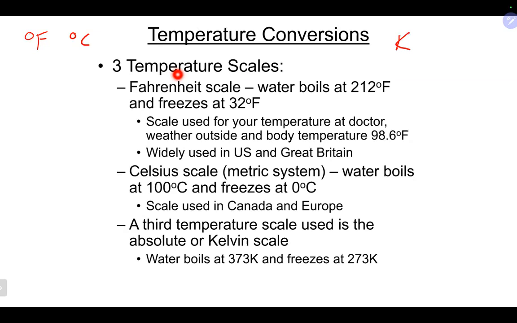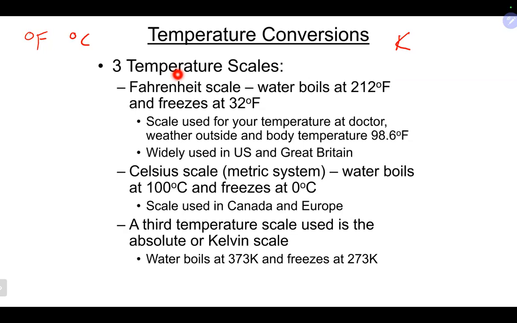The first major difference is how we refer to each of those. It is degrees Fahrenheit, degrees Celsius. We do not use the little degree symbol or say degrees with Kelvin. It's just like 400 Kelvin is how we refer to it. So it's not 400 degrees Kelvin. It would just be 400 Kelvin.